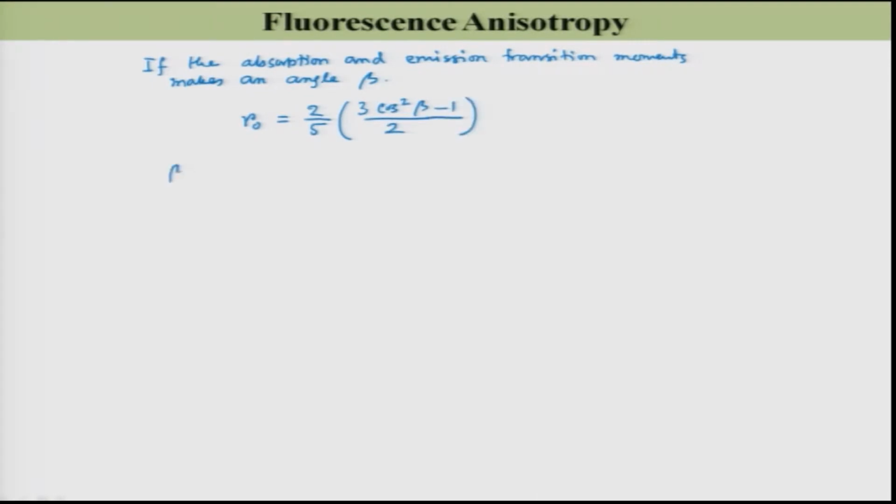So, when beta equals 0, that means they are collinear, and immediately you see that R0 equals 0.5.